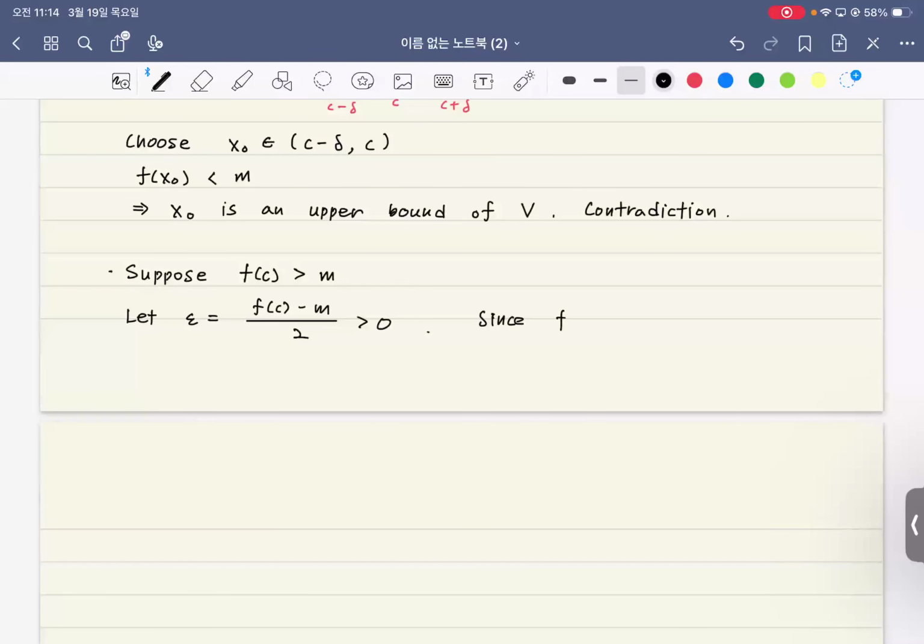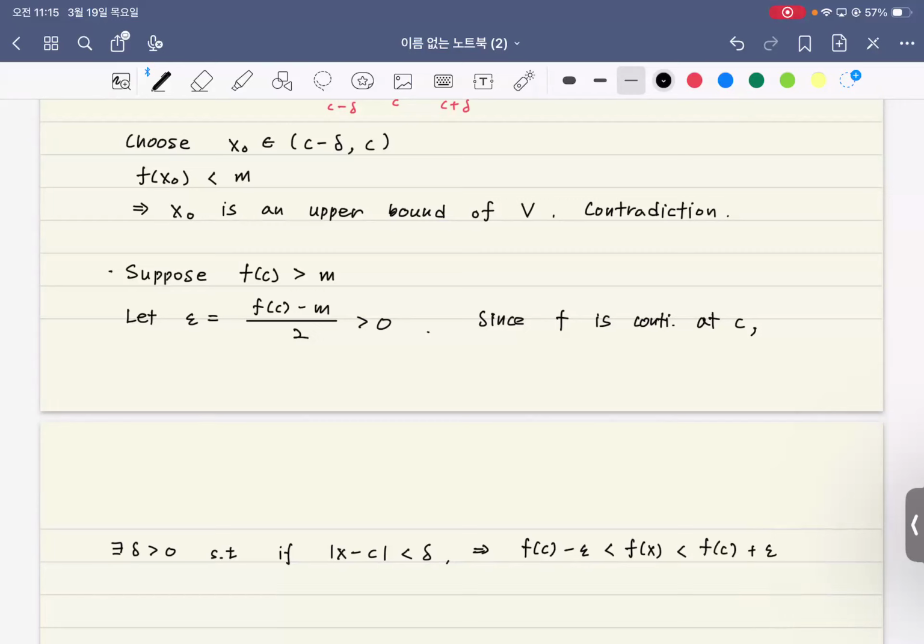Since f is continuous at c, I can find another positive real number delta such that if the absolute value of x minus c is less than this delta, then f of x lies between f of c minus epsilon and f of c plus epsilon.